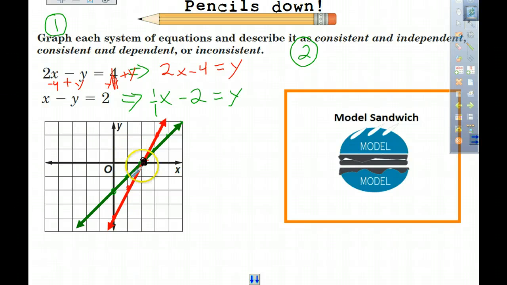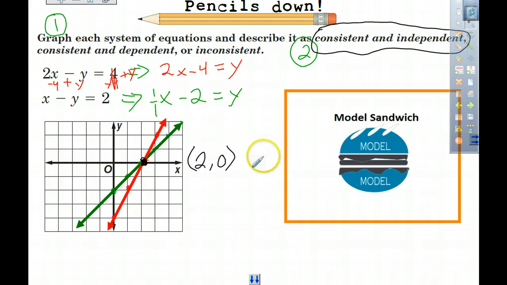The answer is where they intersect, right? What's that? 0. Which one is it? Consistent. Yeah, it's this one. Consistent and independent.